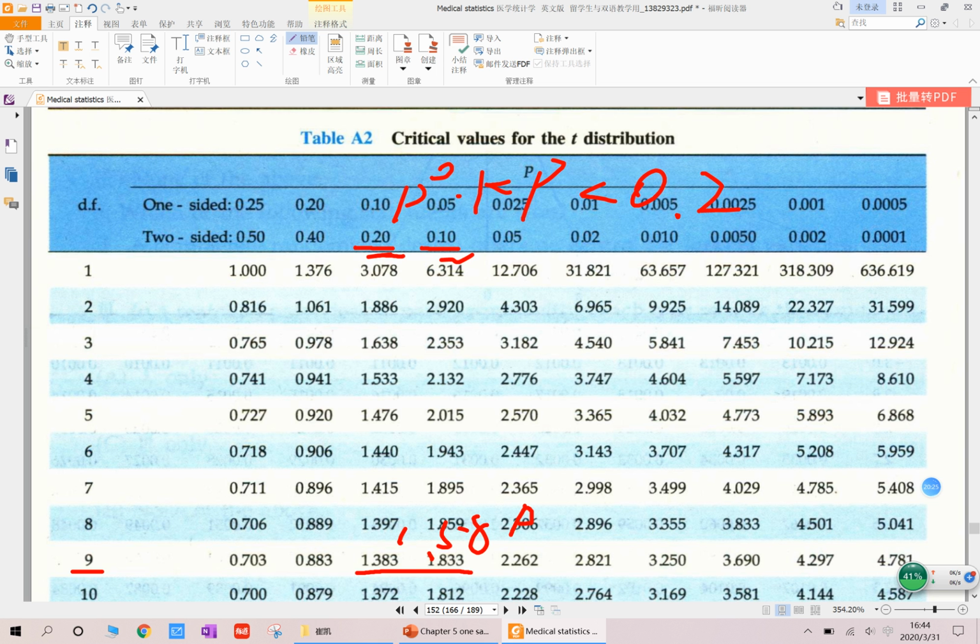Okay, so now my question is, in hypothesis test, we need to compare P with alpha, and we already set alpha as 0.05. So P and alpha, which one is bigger?